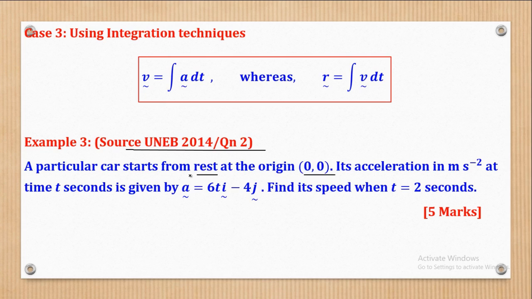Note those two words, rest and origin, which is 0, 0. Its acceleration in meters per second squared at time t seconds is given by a equal to 6i minus 4j. Find its speed when t is equal to 2 seconds, and they give it 5 marks.